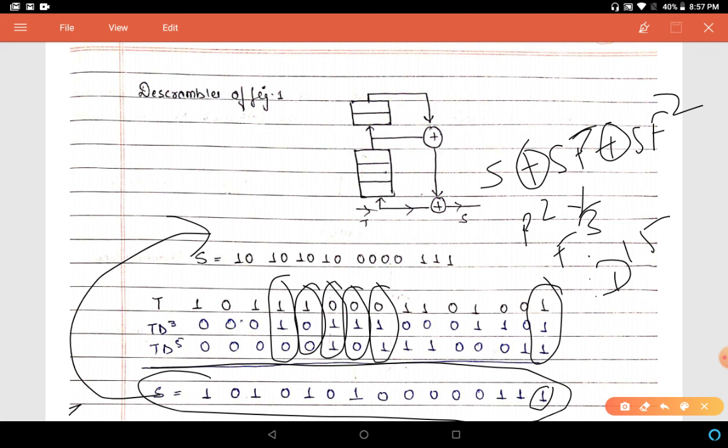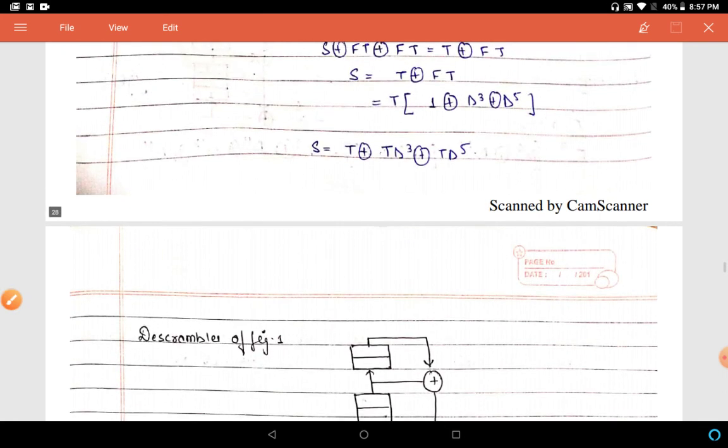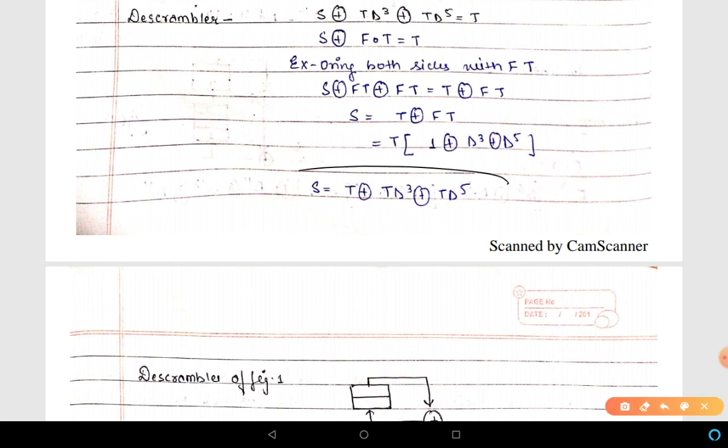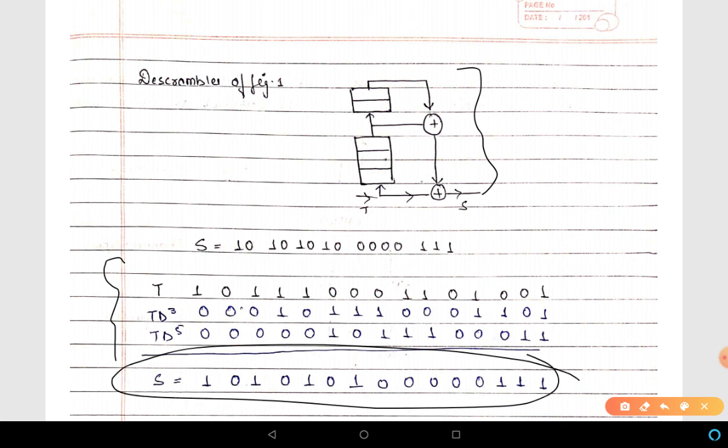And while designing the Descrambler, we will use the equation itself, that is the equation of Descrambler, and then we will design the Descrambler here, implement the equation T, TD cube, TD5, and finally we'll get this. So this question is complete.